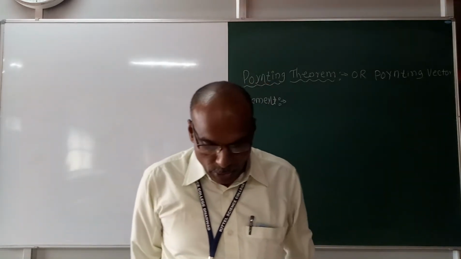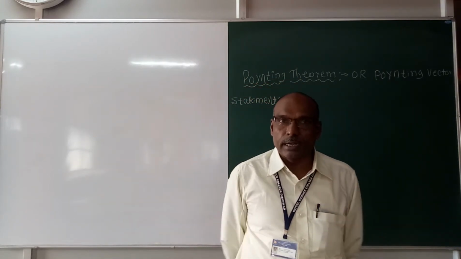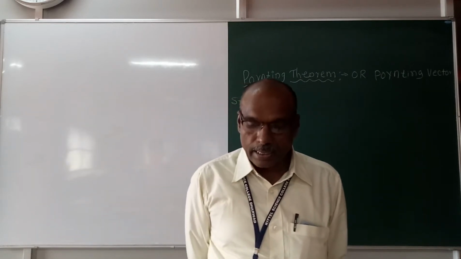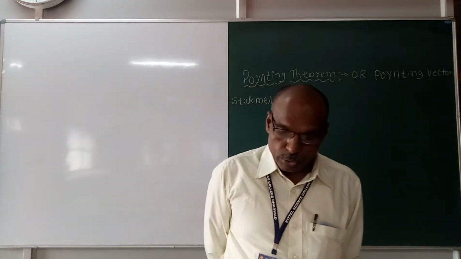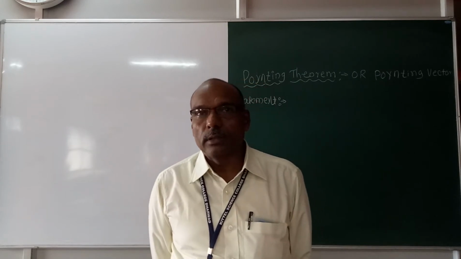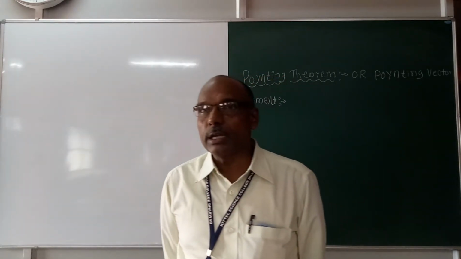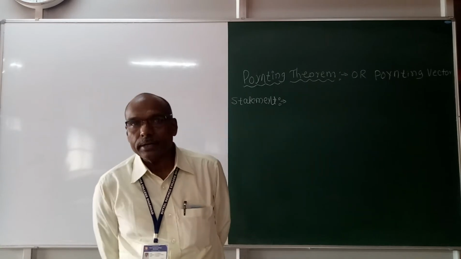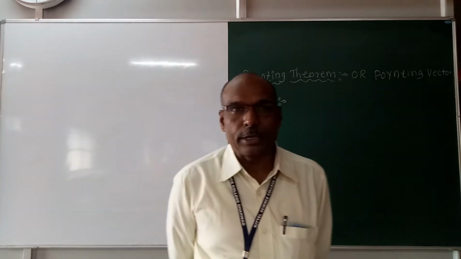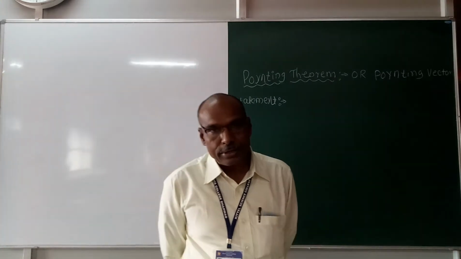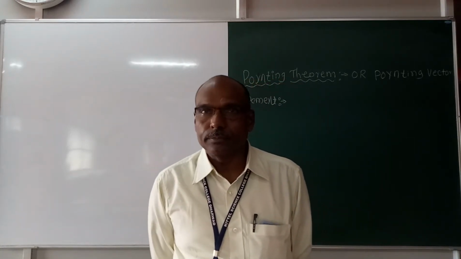The Poynting theorem states that in a plane electromagnetic wave, other day we have derived the equation for plane electromagnetic wave, the rate of flow of energy through unit area is proportional to the vector product of electric field and the magnetic field intensities.